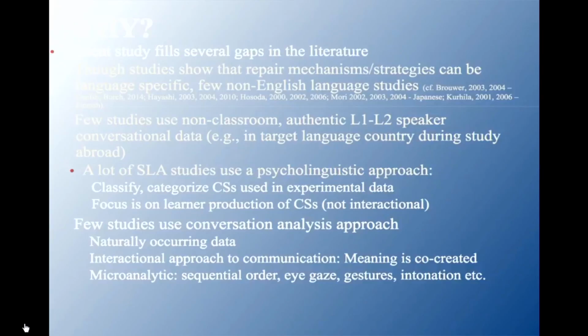In short, the study aims to fill the gaps in the literature by looking at communication strategies in word searches in less commonly taught languages, specifically Japanese, also using a conversation analysis approach to expand our understanding of how communication strategies are used as interactional resources in resolving word searches.